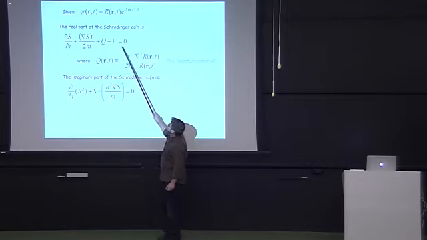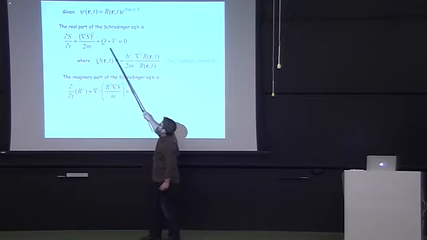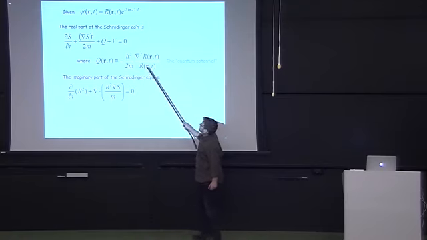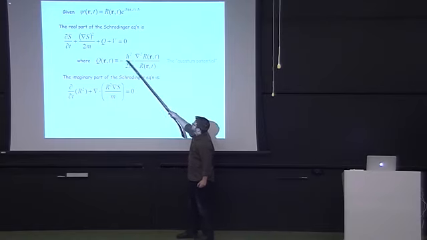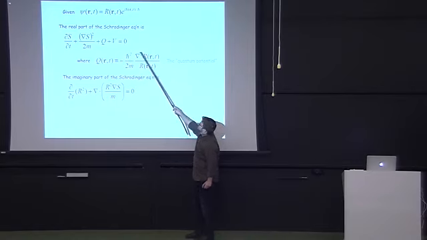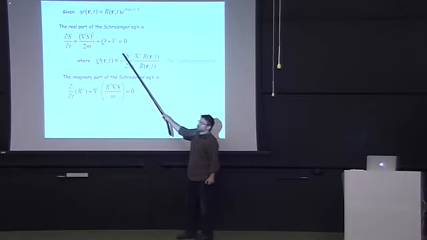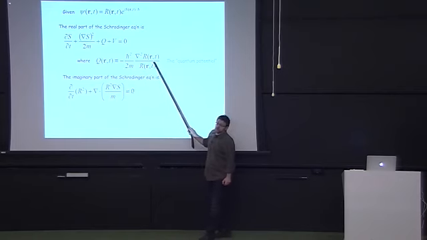So the real part ends up looking like this. S, again, is the phase. This equation holds for S, where Q is given by this formula. V is the external potential, M is the mass. Q is called the quantum potential. It appears to play the same role as the external potential, but Q depends on the form of the wave function.